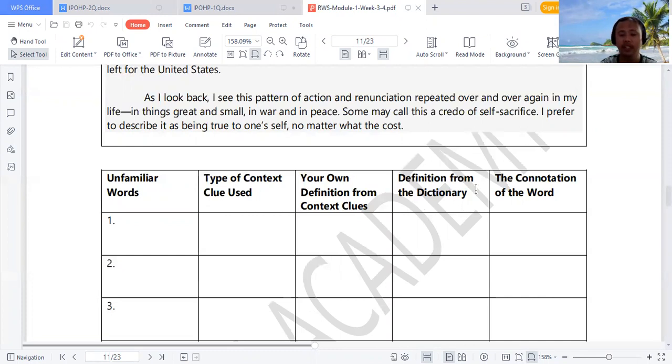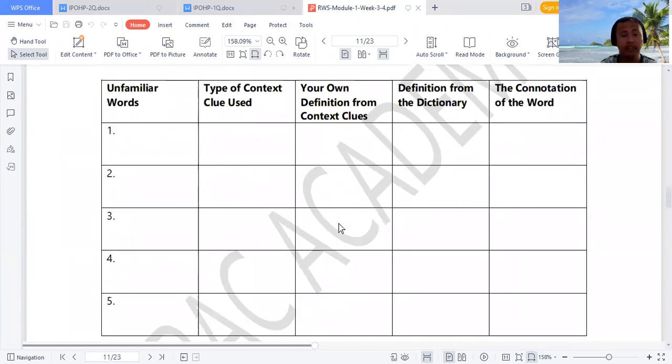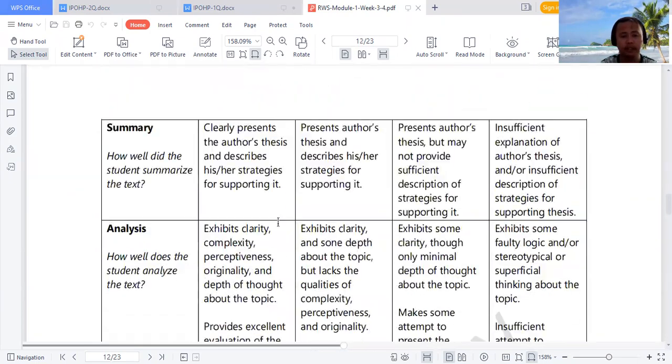Okay, and then the definition from the dictionary. What's the definition in the dictionary of the word that you use here? Okay, and then the connotation of the word. But if you're having difficulty answering this, class, do not answer this part.